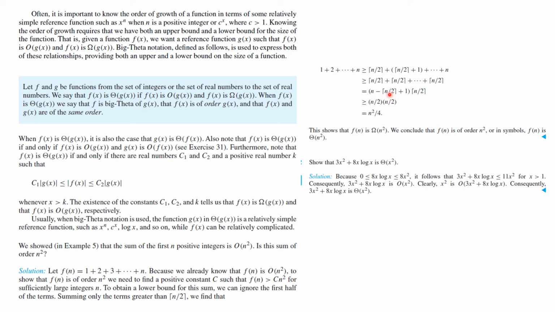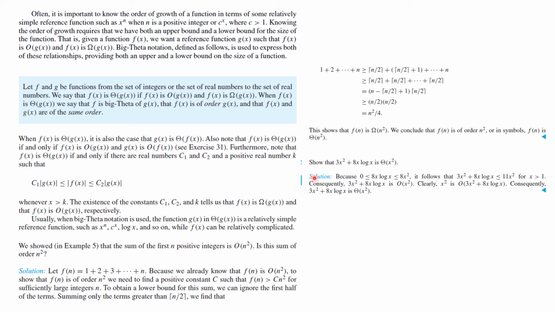So this is bigger than or equal to n over 2 times n over 2, which is n squared over 4. Now notice that this is bigger than or equal to 1/4 n squared. So you see I bounded it below and I bounded it above. This shows that it is omega of n squared, but previously we showed that it was big O, so that means it's of the same order.